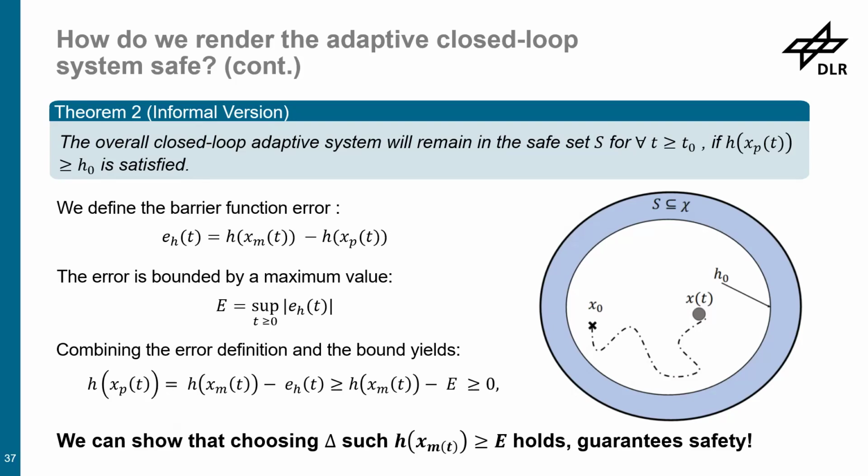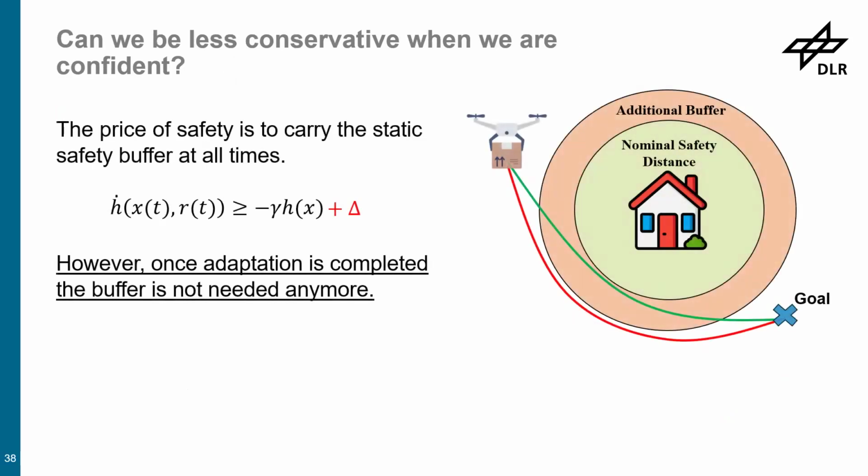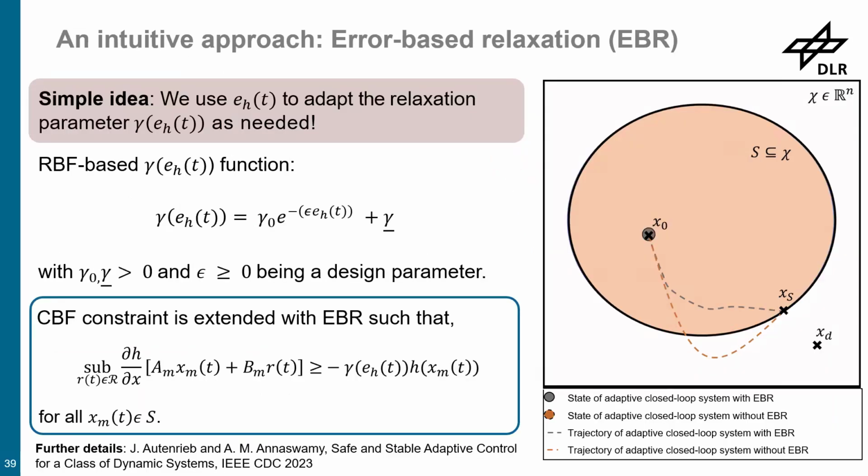And then you are operating in a subset, and then you're good to go, but you're conservative, right? And with adaptive control, we know we only need this buffer during the transient. And once we've learned the adaptive model, we're good to go. So I started with this, and it works empirically fine, but no theoretical guarantees.